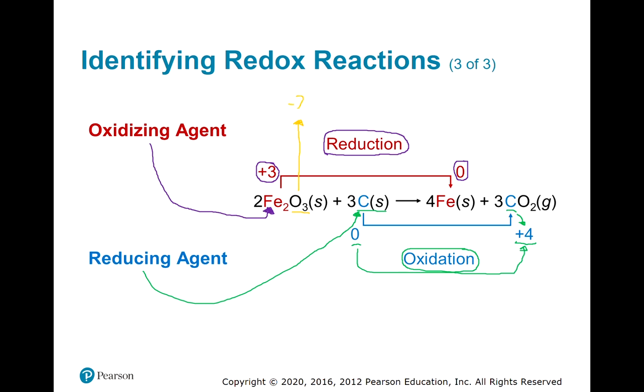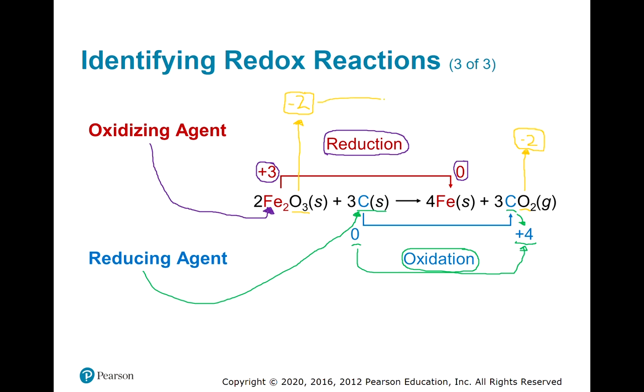We assigned oxidation numbers to oxygen in Fe2O3 on the previous slide, so hopefully you believe me when I say that it has an oxidation number of -2 here. And I just said that going by the rules for oxygen in covalent compounds, in CO2, oxygen should also have an oxidation number of -2.